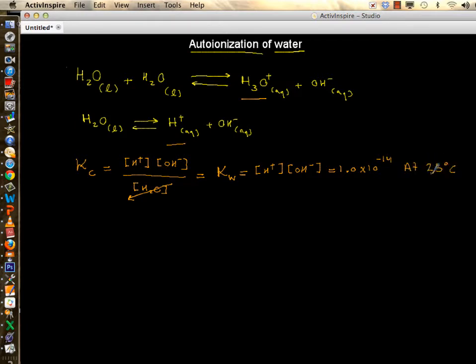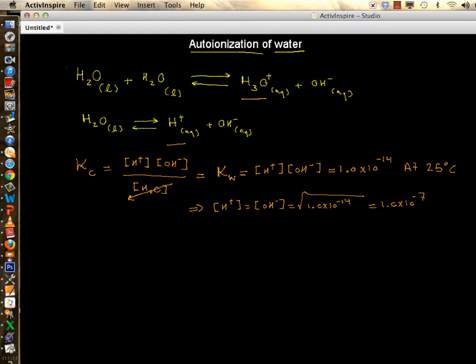It is a function of temperature. So Kw is a constant. What does it mean? It means that the concentration of hydrogen is simply equal to the concentration of hydroxide, and it's really the square root of that number, 1 times 10 to the minus 14. If you take the square root, it's 1 times 10 to the minus 7.